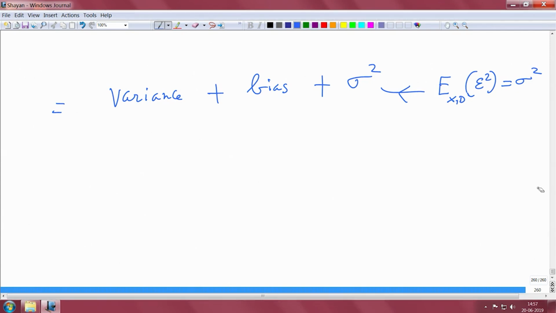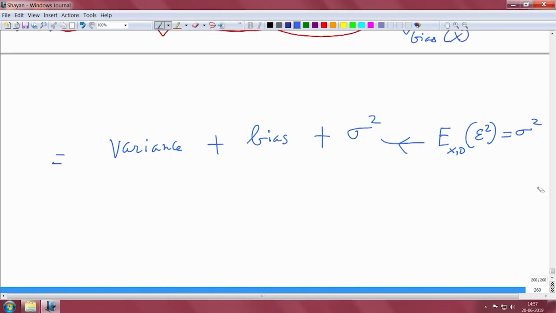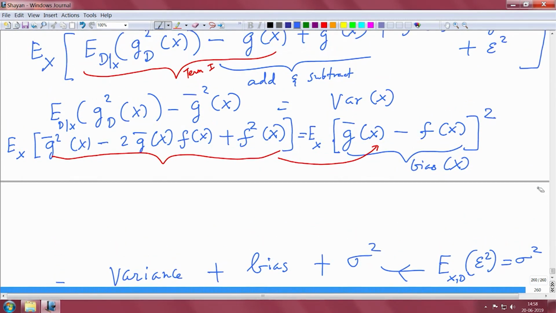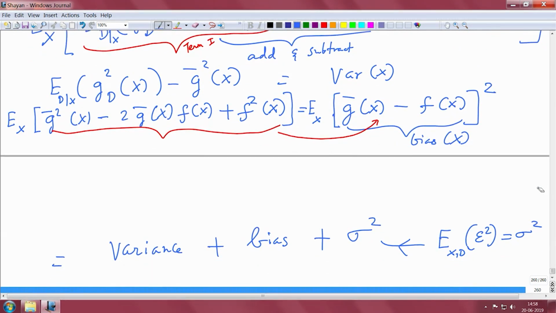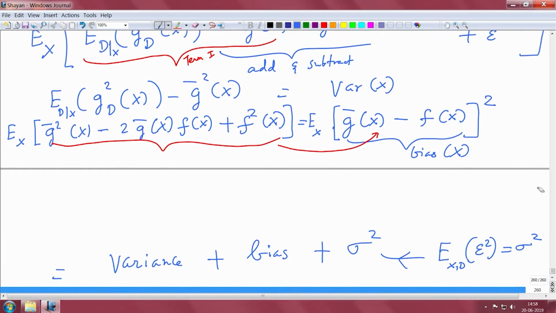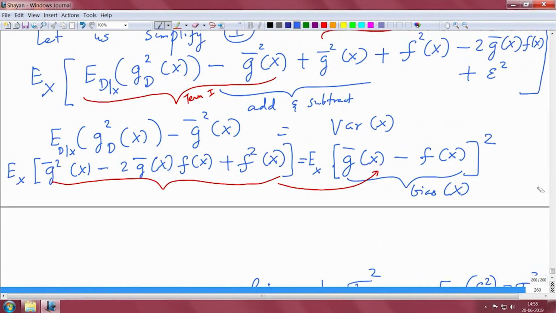That is a good question. Epsilon squared does not have to be constant over all these data sets, and we are not limited by this assumption. So there is a small fix that we can do here. This is right, the expectation over x and d of epsilon squared is sigma squared.